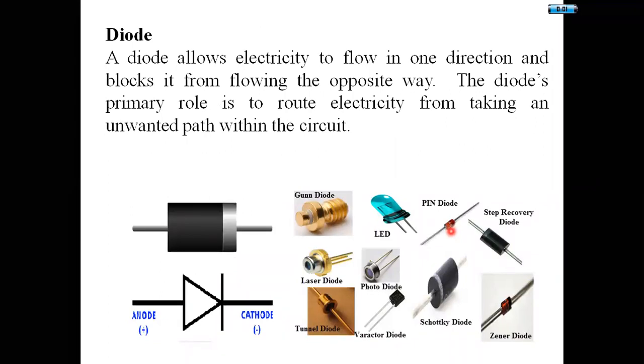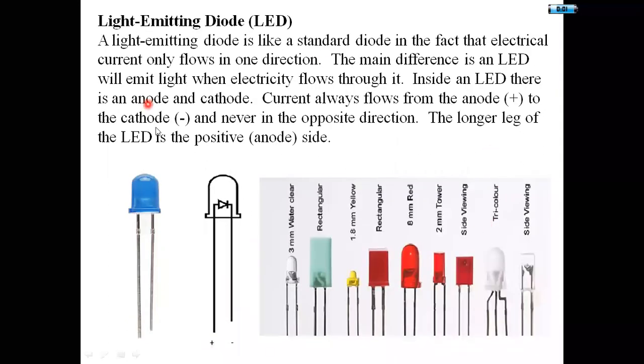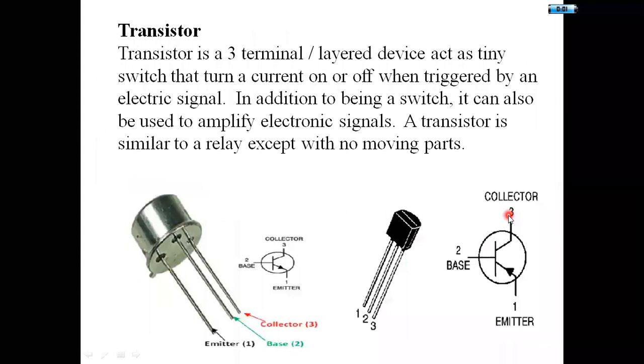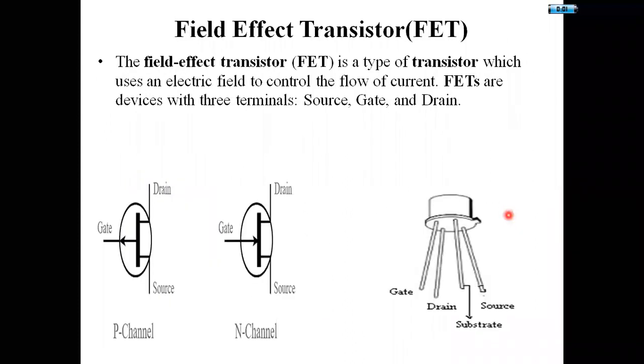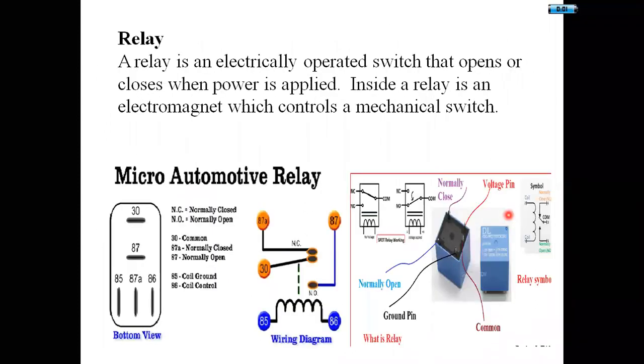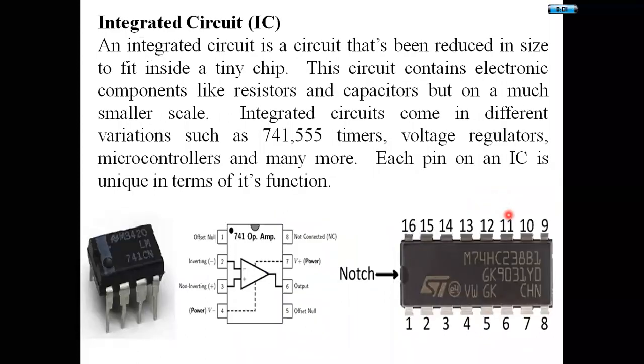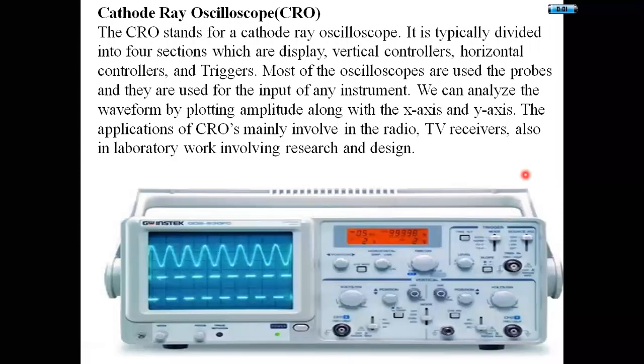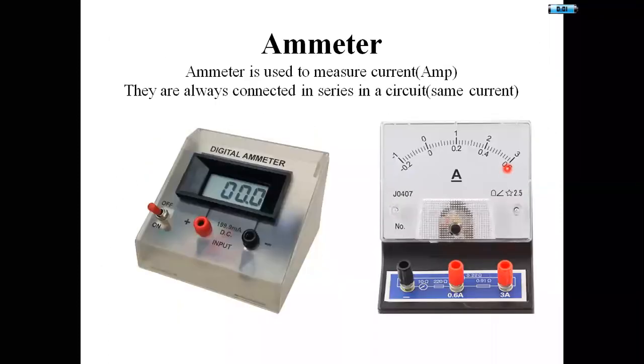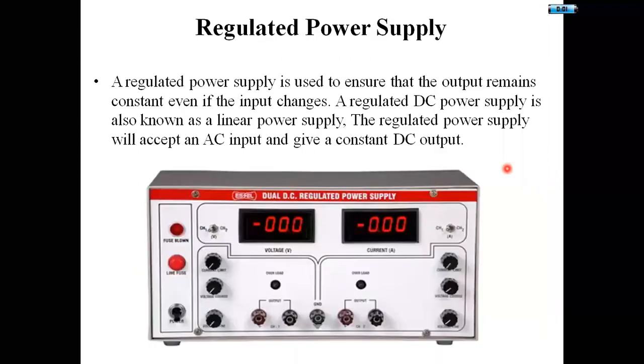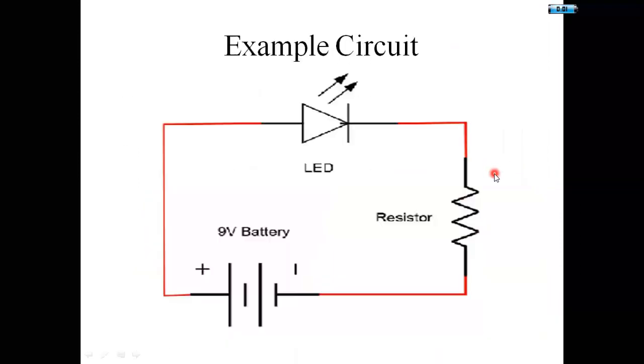Diode, light emitting diode, transistor, field effect transistor, relay, integrated circuits, cathode ray oscilloscope, voltmeter, ammeter, regulator, power supply. This is a small circuit example. We will see all these components in our laboratory in the upcoming classes.